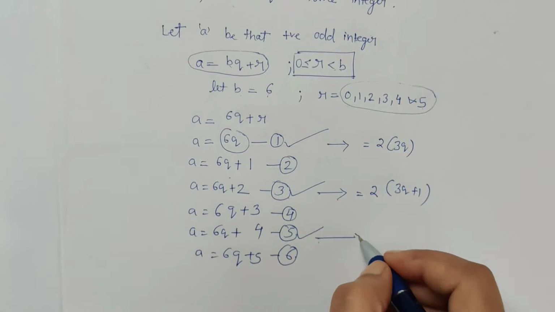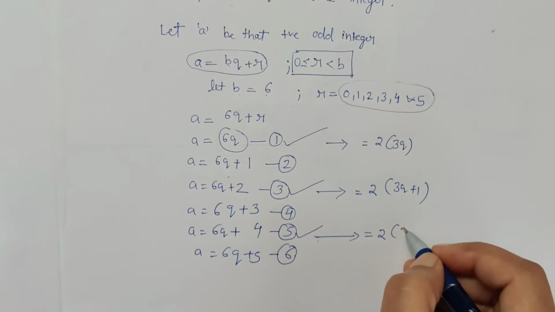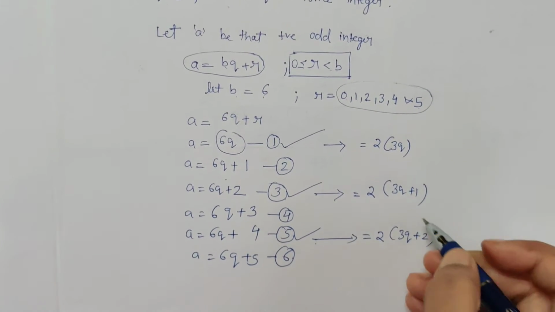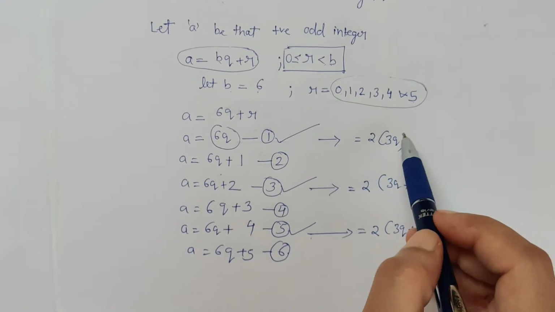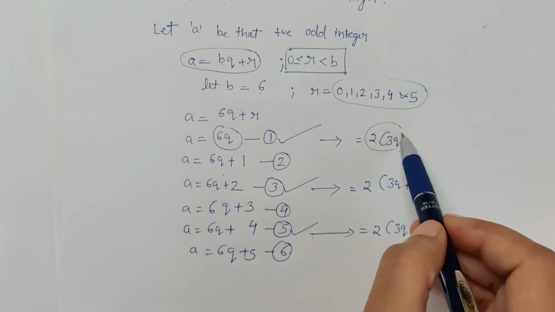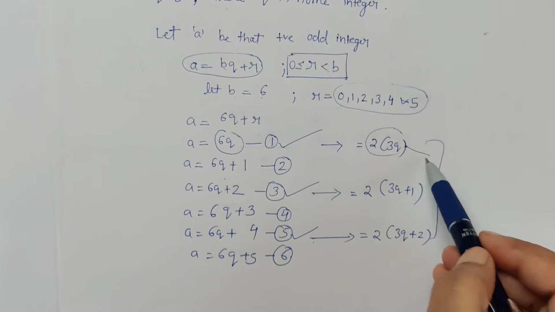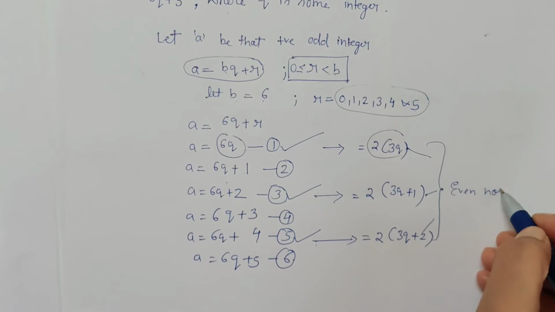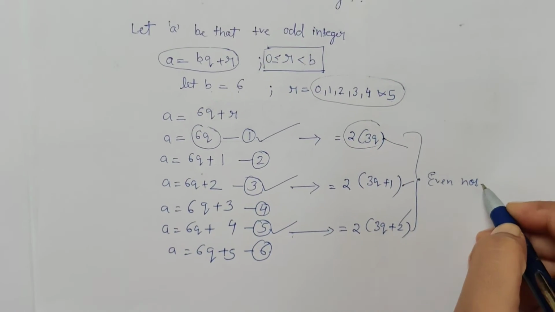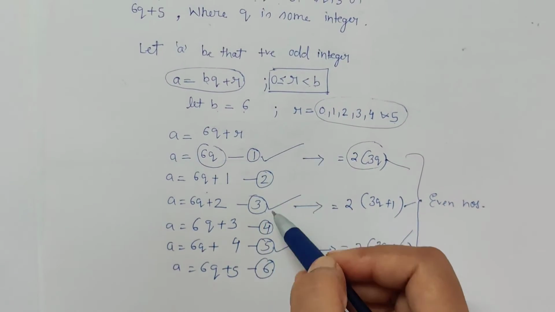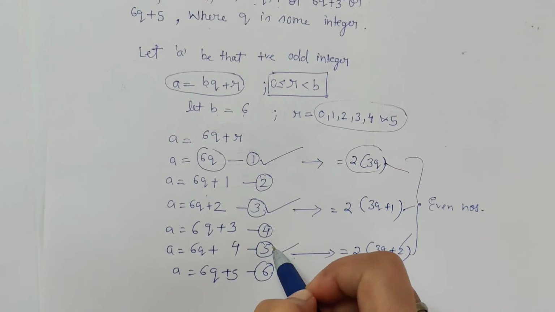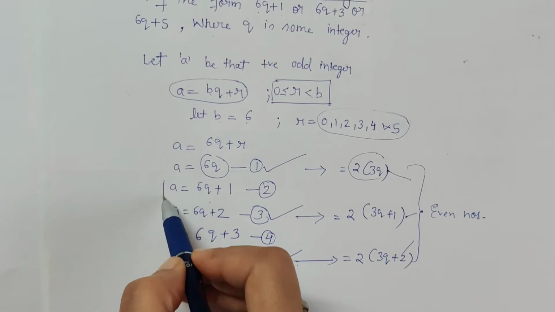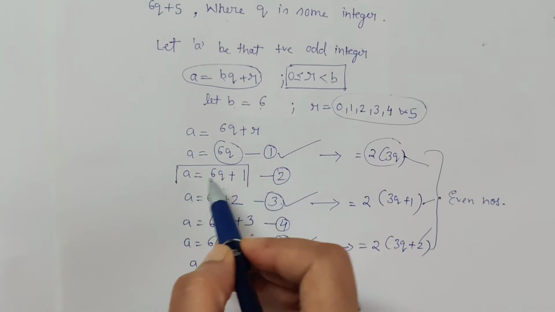Again here also we can take out 2 common, 3q plus 2. And what it shows, multiple of 2 is an even number, right? So these three are even numbers, so we have to neglect these three cases.